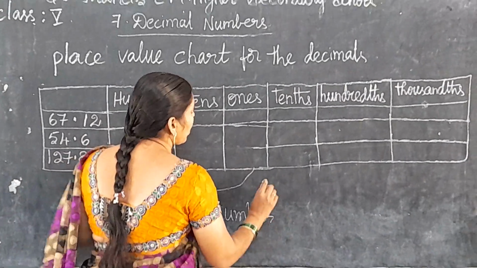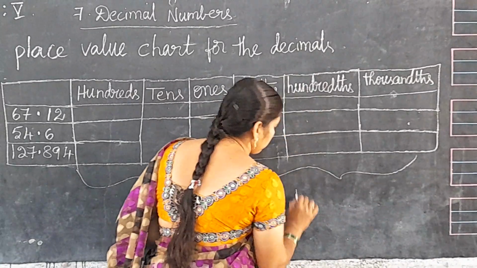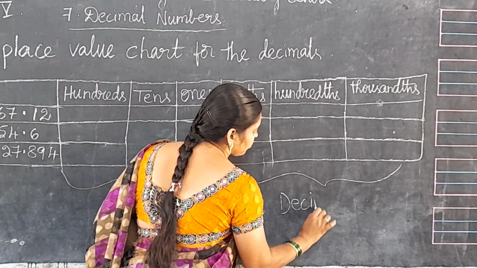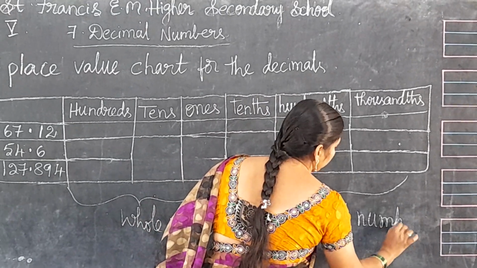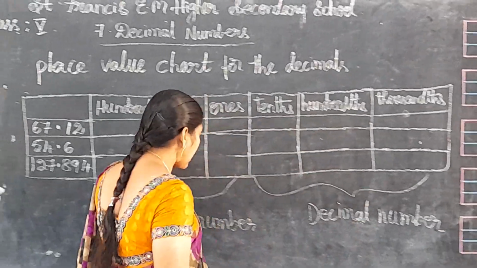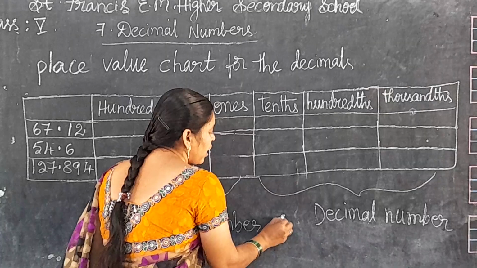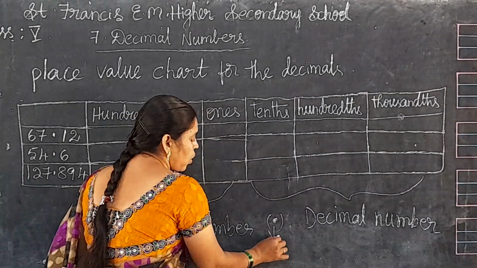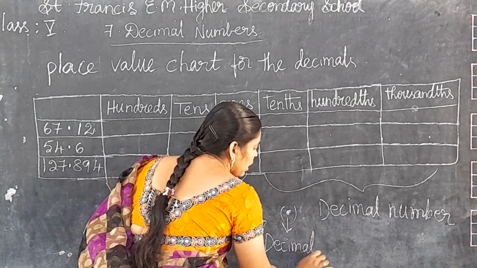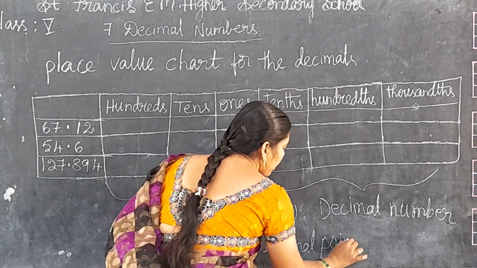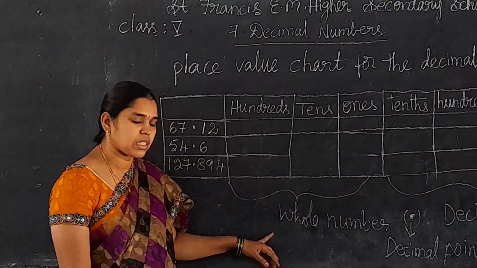And after the ones, this we call the decimal part. You can separate the whole number and the decimal part by using a dot. This is called the decimal point. I explained all these things yesterday. Once again I am recalling them.